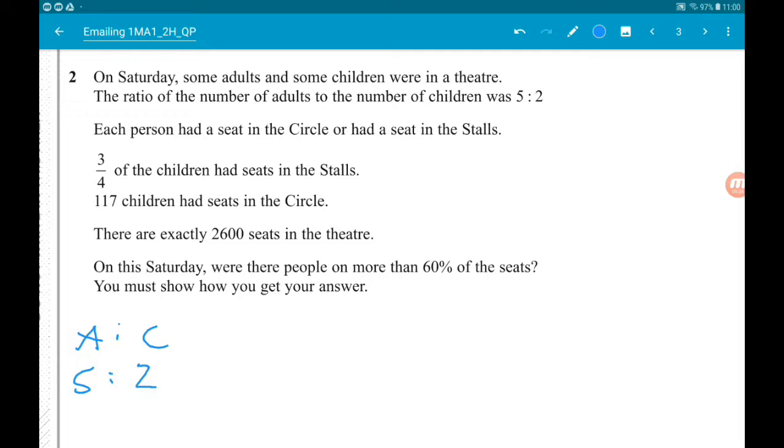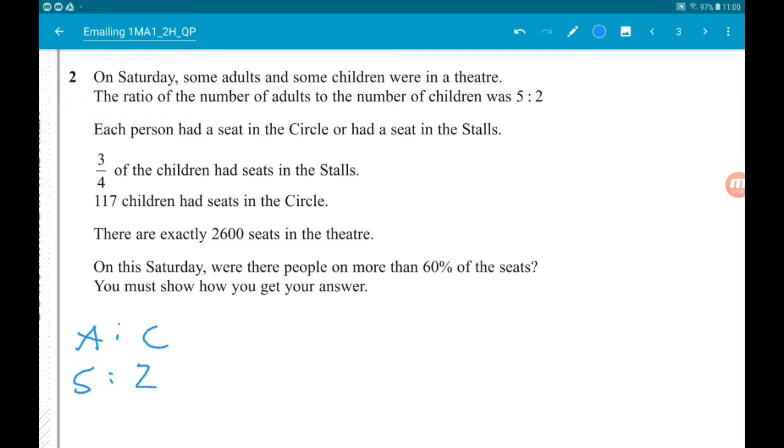We are told each person had a seat in the circle or in the stalls. 3/4 of the children had seats in the stalls. 117 children had seats in the circle. So up to that, we now know that 1/4 of the children were sat in the circle.